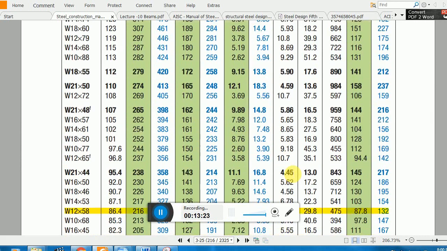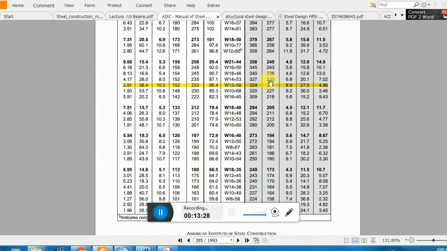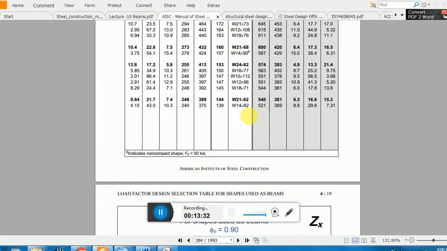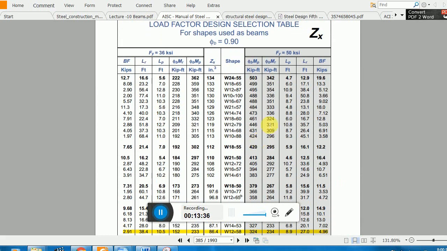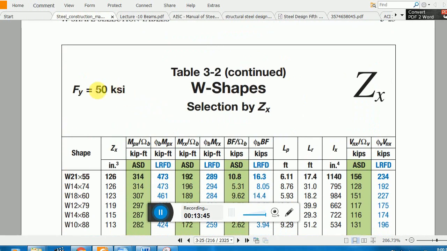Similarly, if somebody uses the LRFD manual, here you see that section W12x58 has a value of Lp for 50 ksi, because we have this case, not this case. Remember, you have to point out that you are searching for Fy 50 ksi.